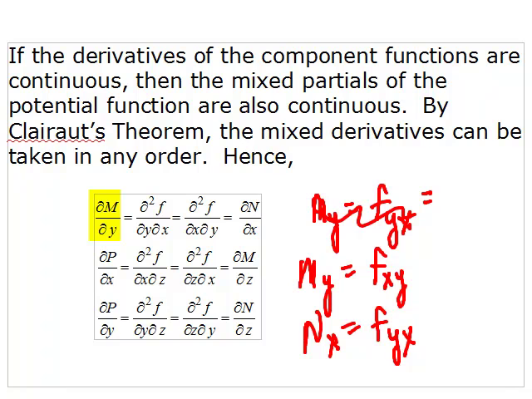So if you can take these in any order, that would mean that these two would be equal, hence the derivative of M with respect to y would equal the derivative of N with respect to x. I hope you followed that rather long and involved statement. Now, you can go down here and see that I'll put it in different colors.